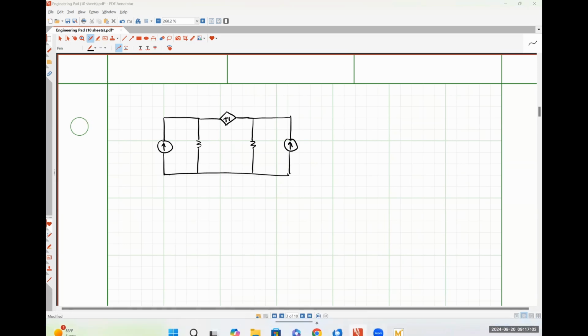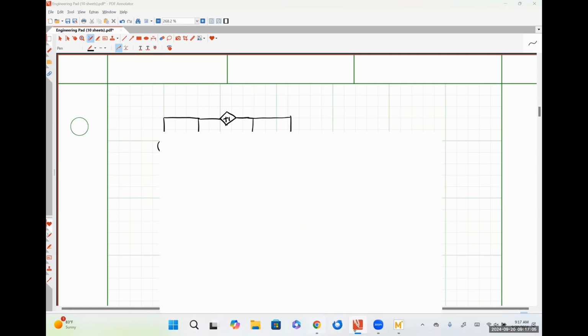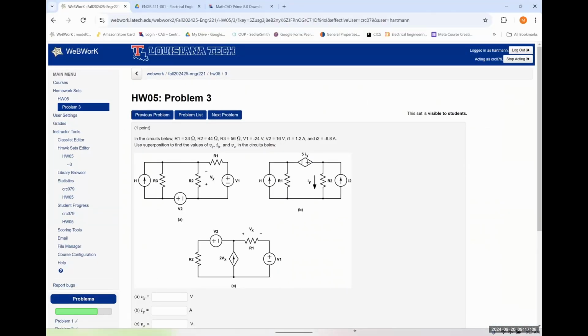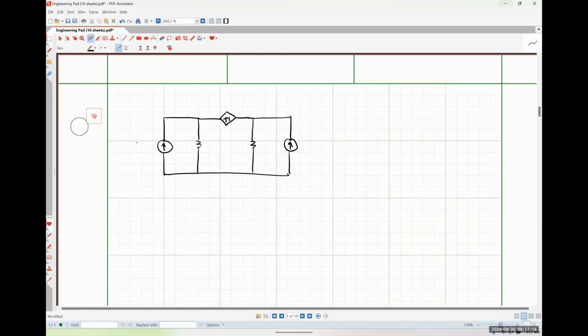All right, so let me just see what my numbers are. So I1 is 1.2, I2 is negative 6.8. So 1.2 amps. This one was negative 6.8, so I'm going to put it as 6.8 amps, and I'm just going to change the direction on that current source because I don't like negative numbers.